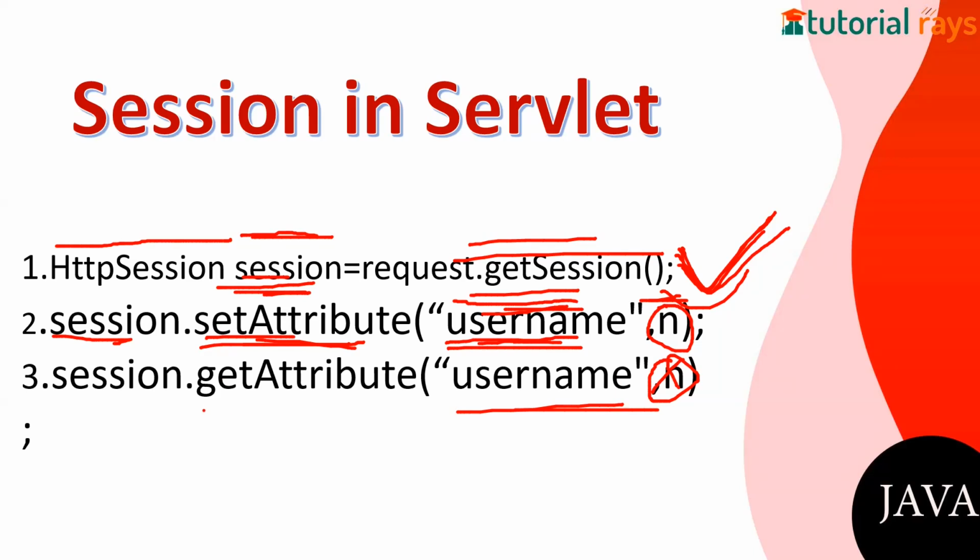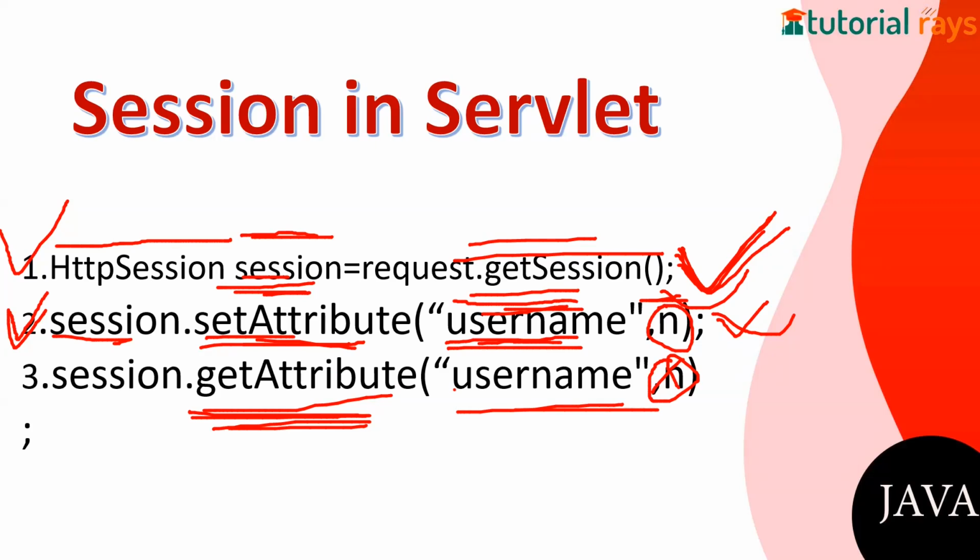To fetch the session value, we use the get attribute method. Once again, there are three things. First we initialize the session, telling the browser we are going to use it. Then we set the value in our session variable, and after that we can fetch the value anywhere in the web page unless the browser is closed. Once the browser is closed, the session gets destroyed.